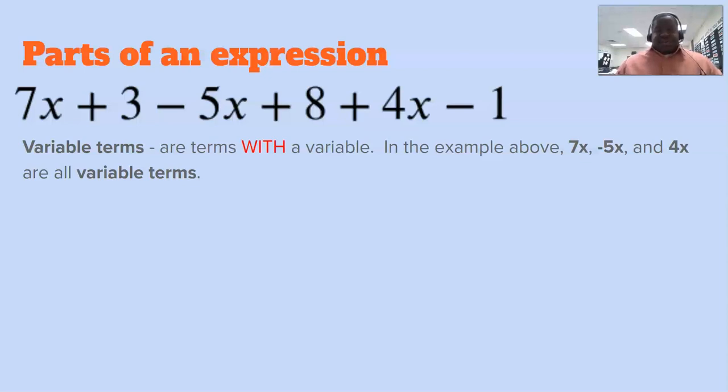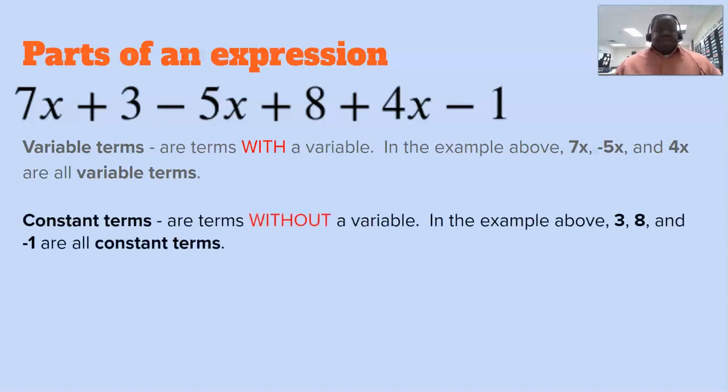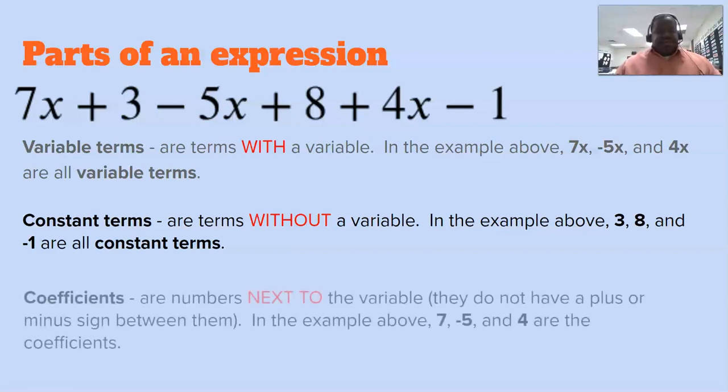In the example above, 7x, negative 5x, and 4x are all variable terms. Notice that we had to pull the sign with that 5x to make it negative 5x. Constant terms are terms without a variable. In the example above, 3, 8, and negative 1 are all constant terms.